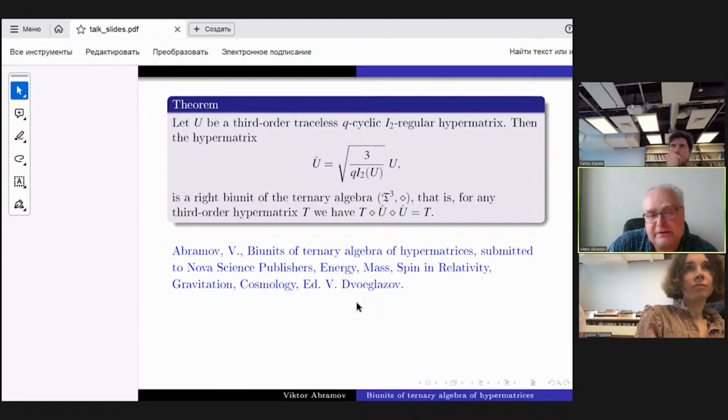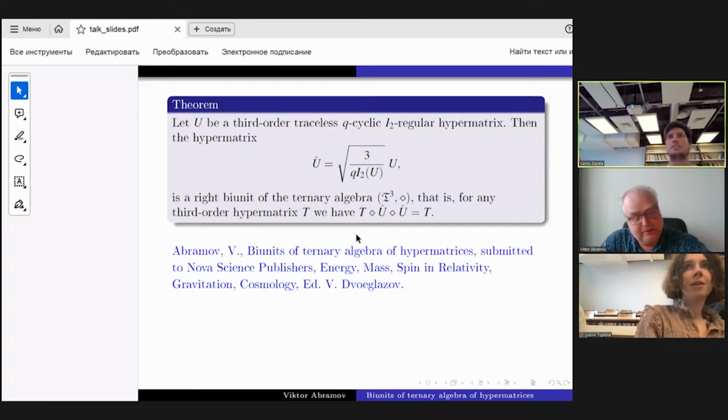Maybe even this biunit can also be interpreted in the framework of geometry, but I don't know how this can be.